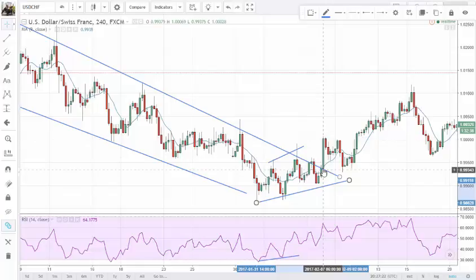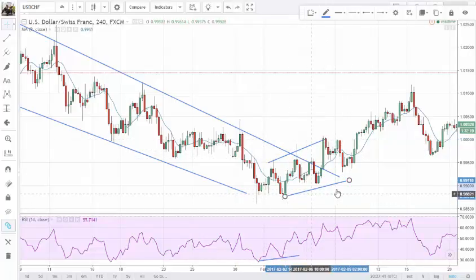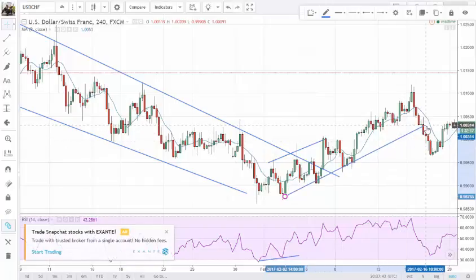It's very important that once price breaks a moving average or a trend line, in this case it breaks the moving average and the trend line with a very strong bar, so price is very convincing breaking this, making even another higher low. So we are starting to switch. We're starting to see that price is turning into an up move.